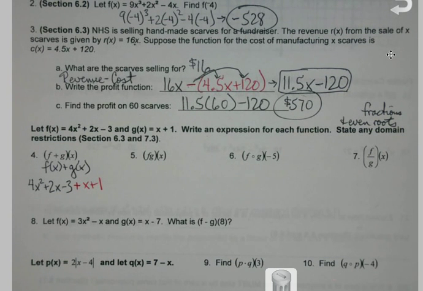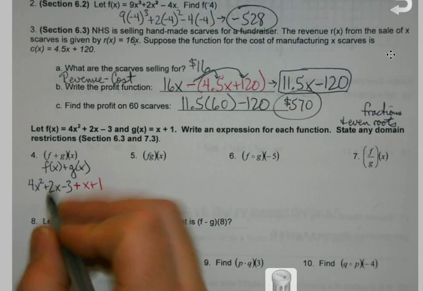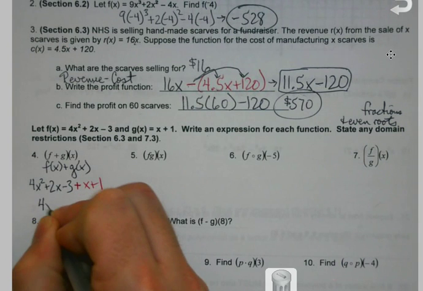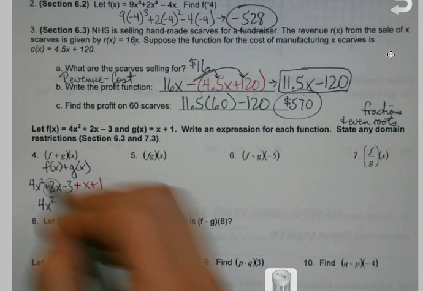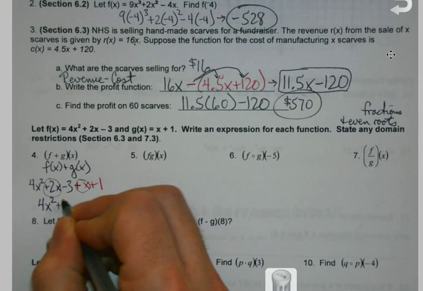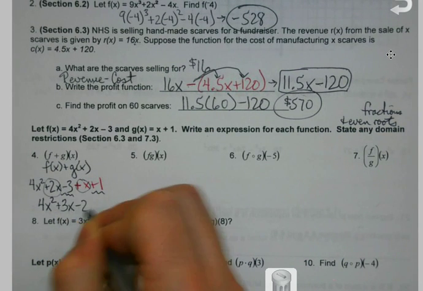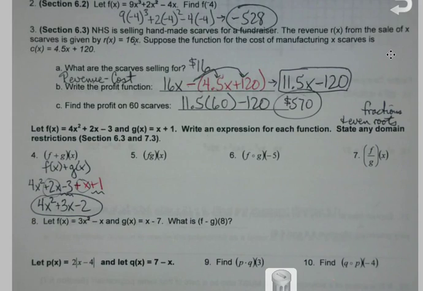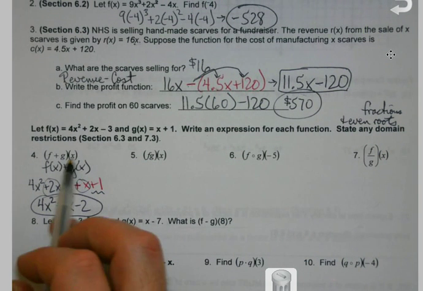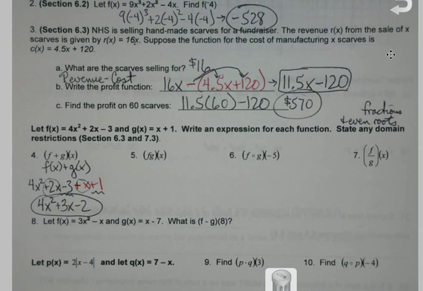So when I get here, I go, okay, combine like terms, just like I did up above. 4x squared, 2x and x is 3x, negative 3 and 1 is negative 2, and I'm set. Okay. All this is a label. Don't use that as part of your calculating.